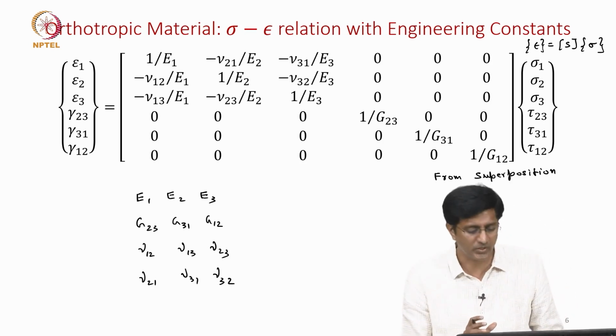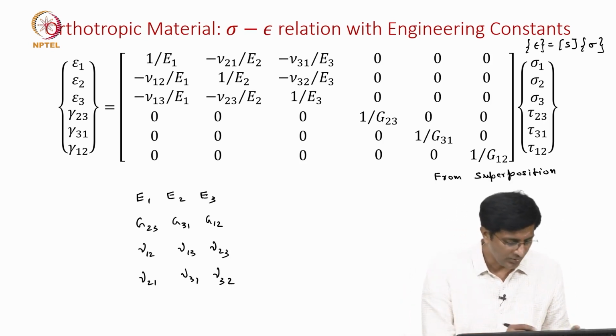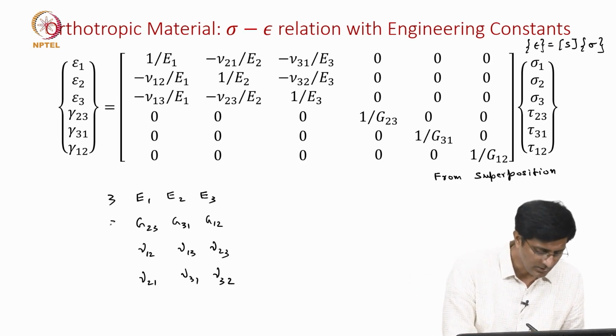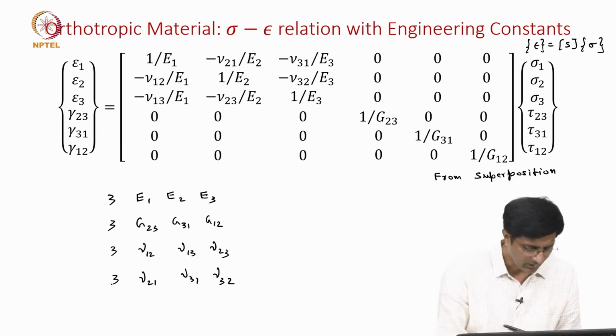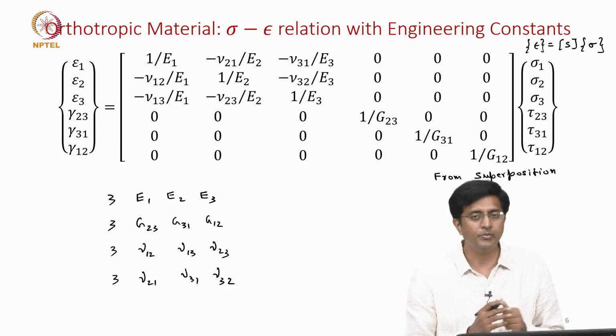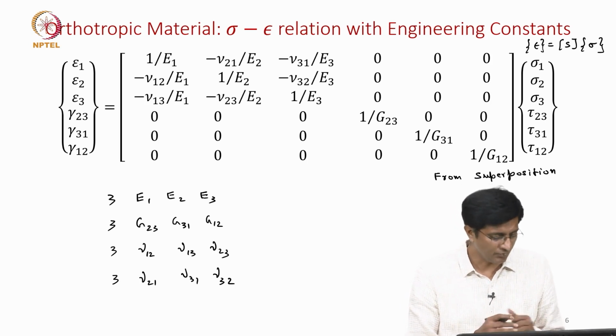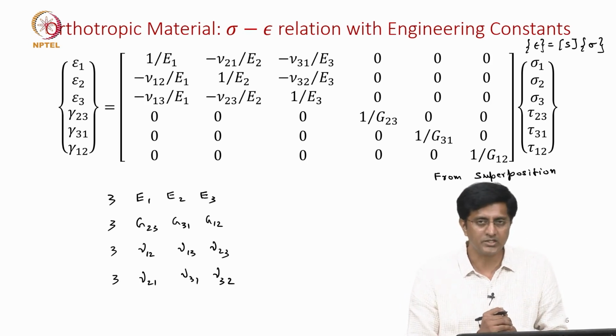But here is a question to ask. Here we have 3 each, but are these all independent of each other? I have shown you 12 engineering constants. Are all of these independent of each other?